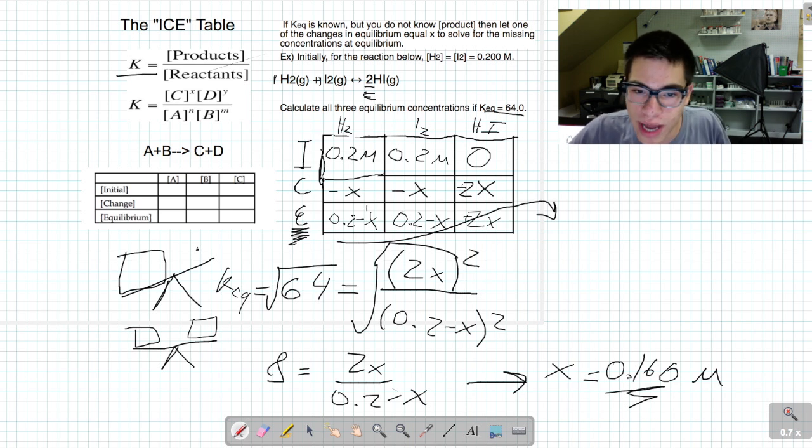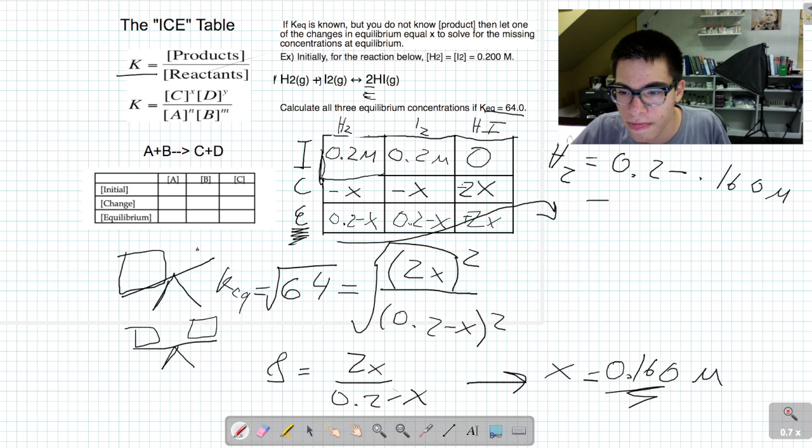At equilibrium, the concentration of H2 equals 0.2 minus 0.16 molar, which is 0.04 molar.